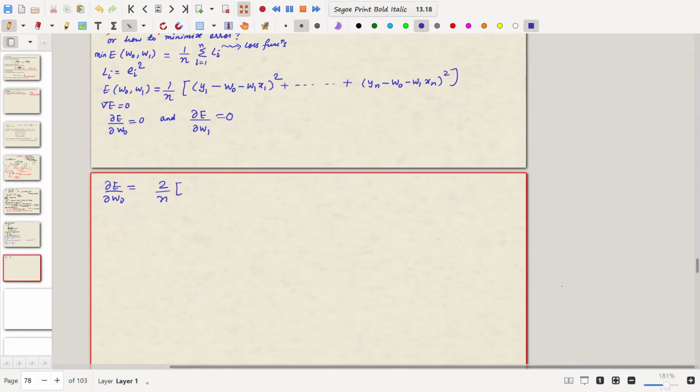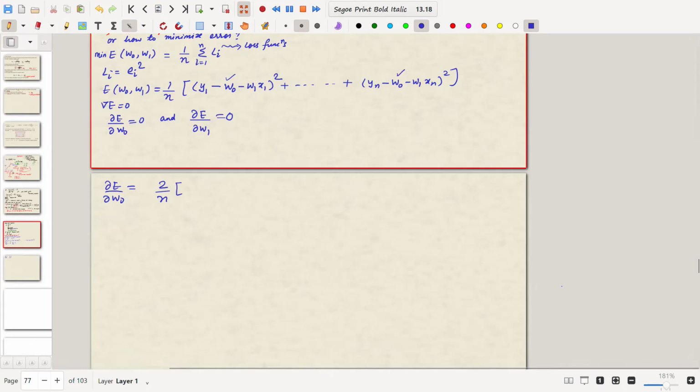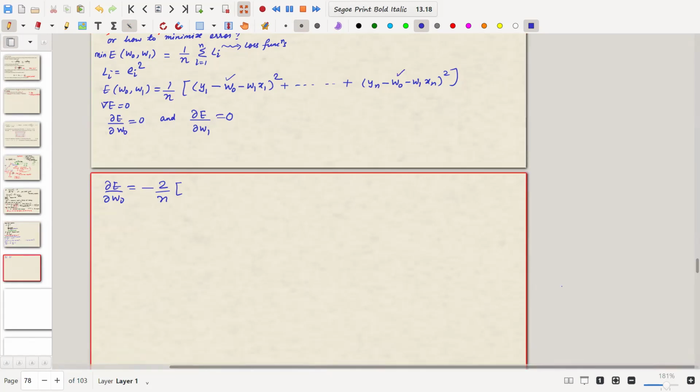What will you get? Nothing but a -1. In every case, you have minus w naught. So you will have a -1, and you will have these linear terms. Okay. Is it okay? Fine.